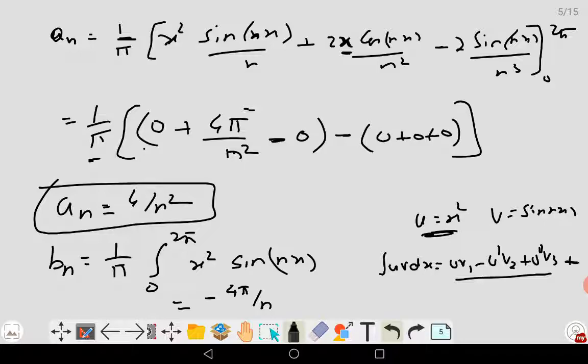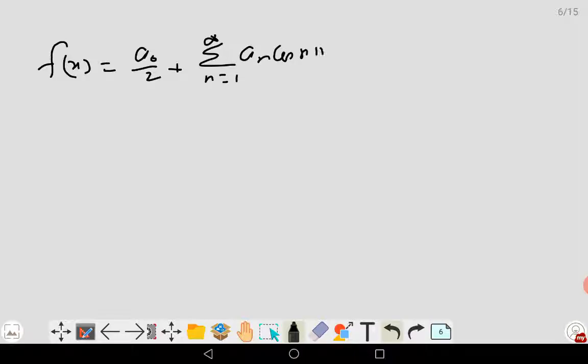Now finally the answer we have to write by using a0. You can recall what a0 is: a0 is 8 by 3 pi squared. Using these three we will write the Fourier series of f of x: a0 by 2, plus summation n from 1 to infinity an cosine nx, plus summation n from 1 to infinity bn sin nx.